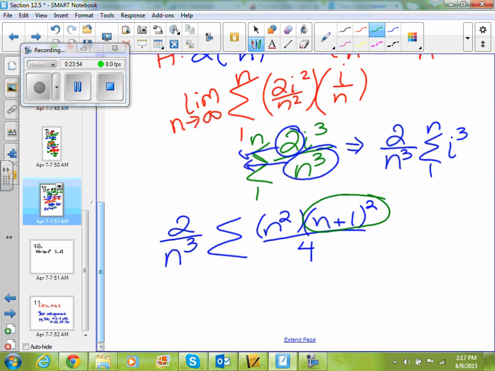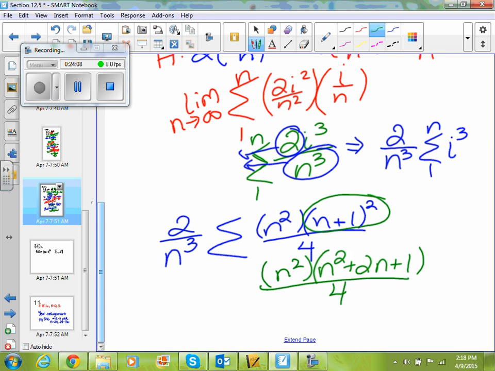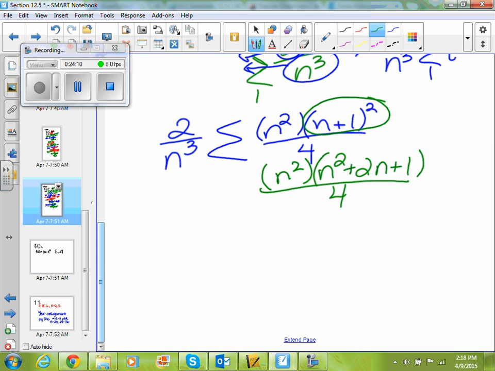Okay, so if I square this, then I get n squared plus 2n plus 1. And I still have an n squared on top and 4 on the bottom. It's not 0, actually. I told you to pick one that wasn't 0. So then if I multiply through, I get n to the 4th plus 2n cubed plus n squared divided by 4.